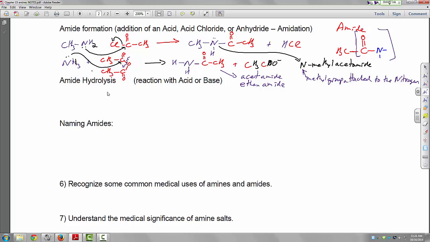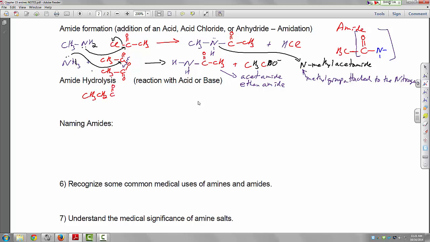Amide hydrolysis is done in actually 2 ways, either an acid or base. Acid hydrolysis is the easier way, I think. Actually, I take that back. They both have some details you should know about. So let's just draw an amide here. Okay, so that's 3 carbons.